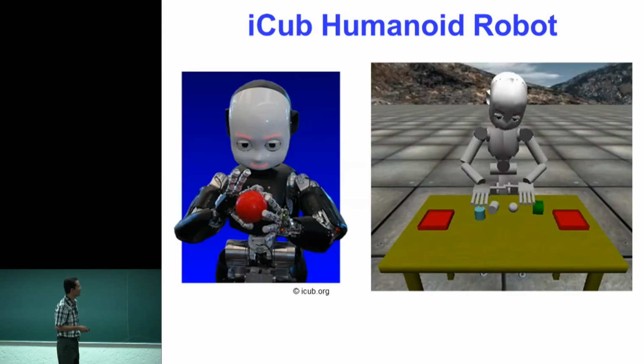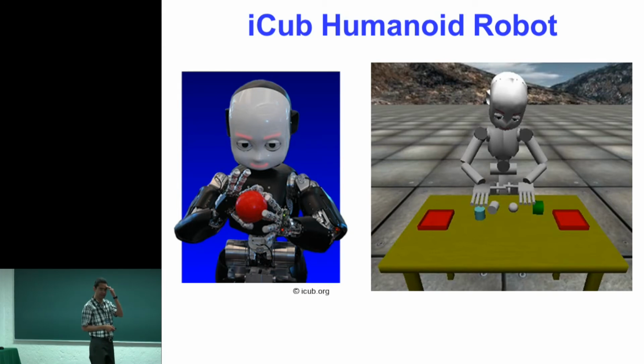Okay? So to do this, I used the iCub humanoid robot. This robot was built in Italy. The goal was to use the real robot, but I actually didn't have enough time to do that, so first I used the simulator.